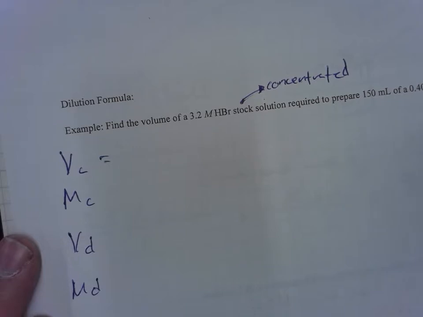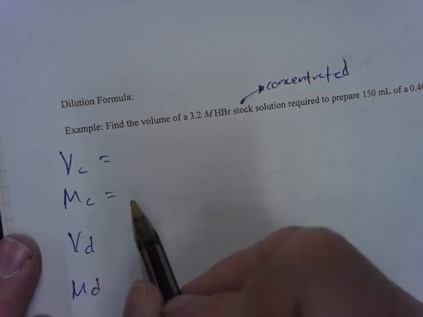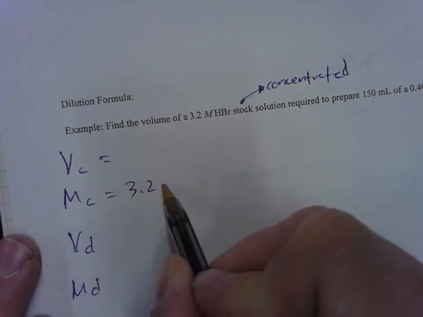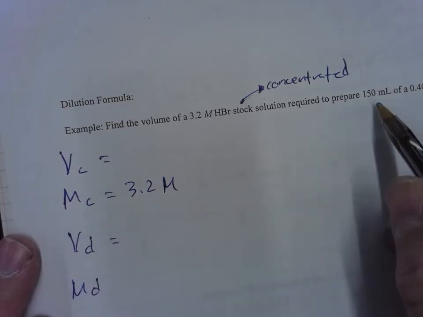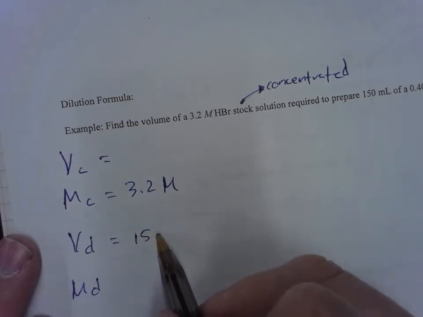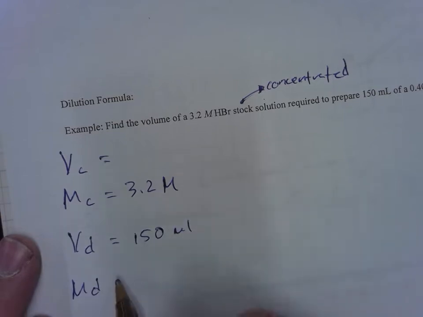Okay, so 3.2 molar concentration. The volume of our dilution is 150 mils of a 0.4 molar solution.